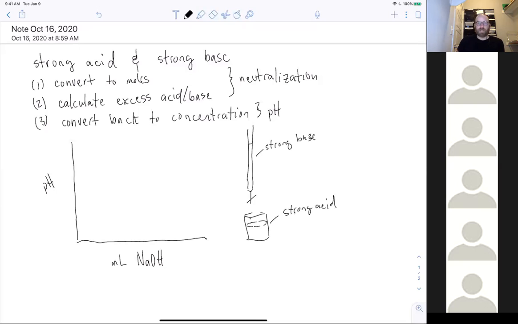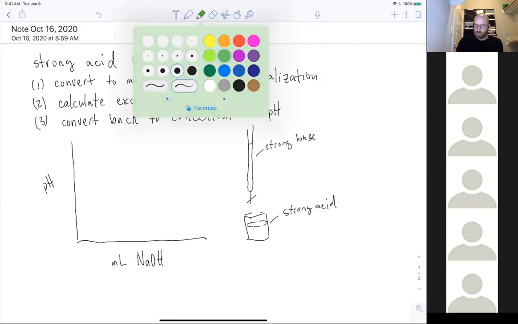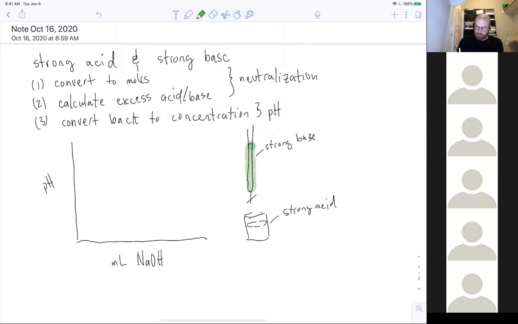You can plot how the pH changes as a function of how much base you add. You're adding base from this burette, drop, drop, drop, into the acid, and you have some sort of pH probe in here, monitoring how the pH changes as a function of strong base added.